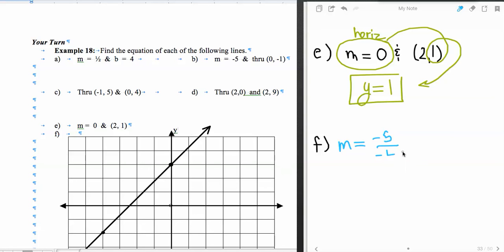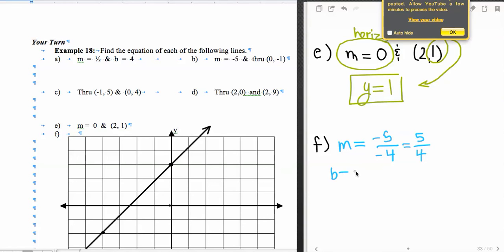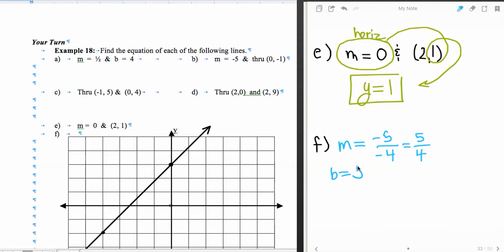And so that's a -4, which simplifies to 5/4. Don't change it to a mixed number or decimal or anything else. Then I investigate where this crosses my y-axis, and that point is at 1, 2, 3. It's at +3.